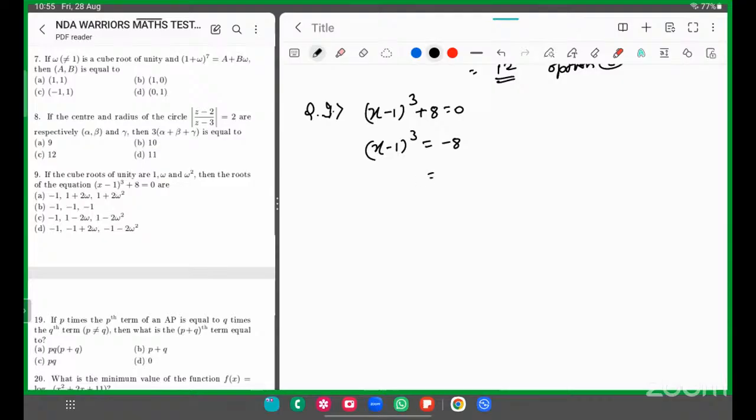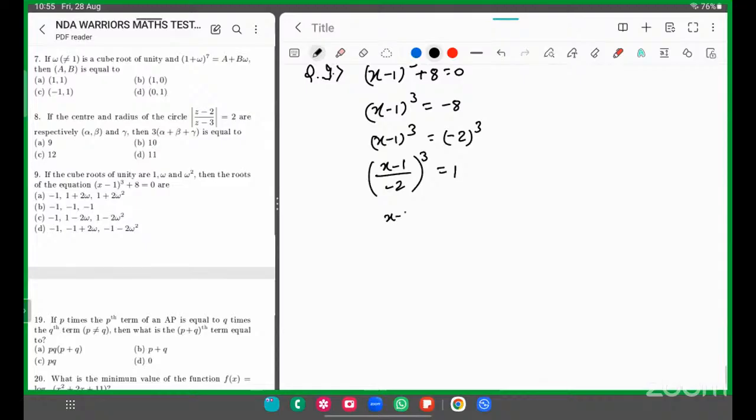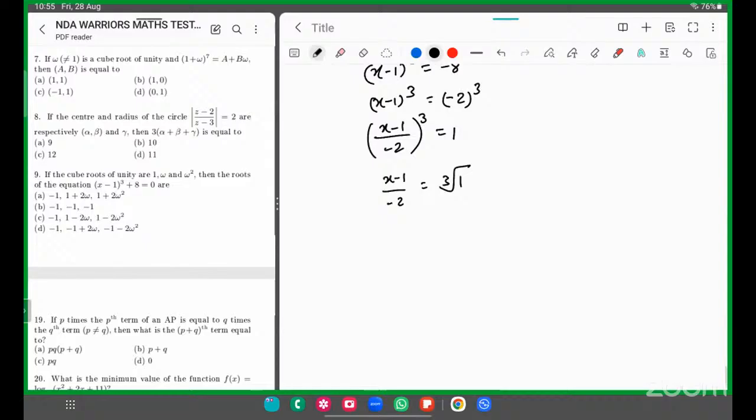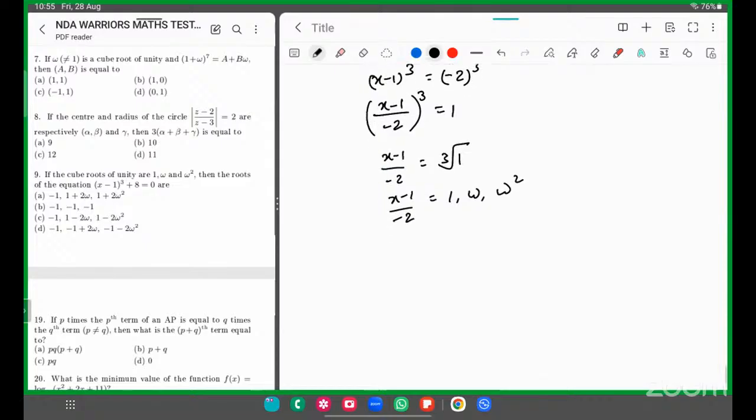So minus 8 can be written as minus 2 raised to power 3. So x minus 1 upon minus 2 whole raised to power 3 equal to 1. So x minus 1 upon minus 2 equals the cube root of unity. We know that the cube root of unity has three roots: 1, omega, omega square. So simple. Now do the cross multiplication and try to free x.